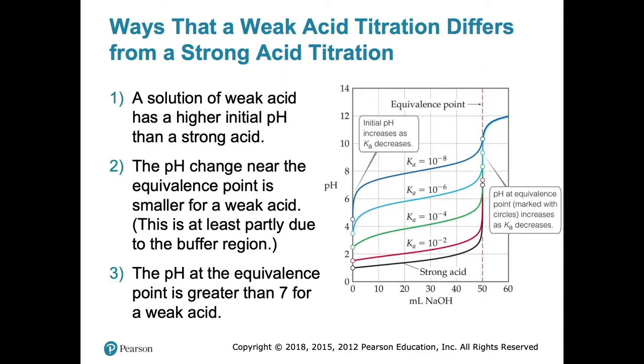Well, the first thing is that the solution of weak acid has a higher initial pH than a strong acid, right? And then the pH change near the equivalence point is smaller for a weak acid, so this is at least partially due to the buffer region. And then the pH at the equivalence point is greater than 7 for the weak acid.